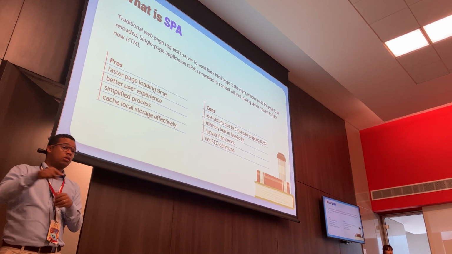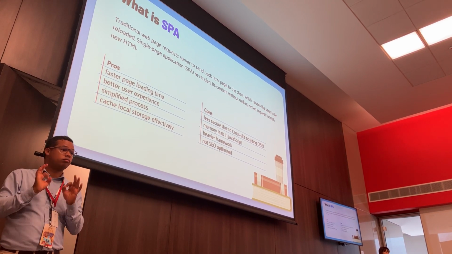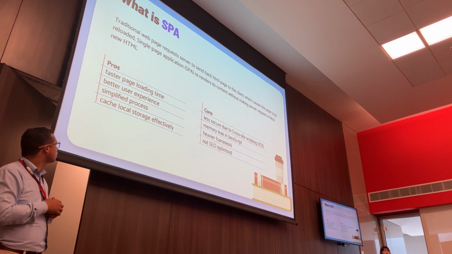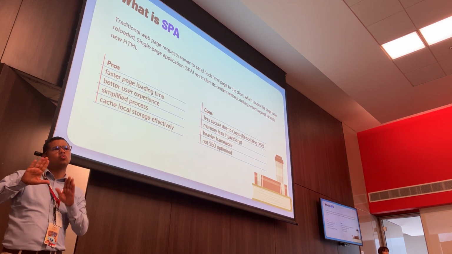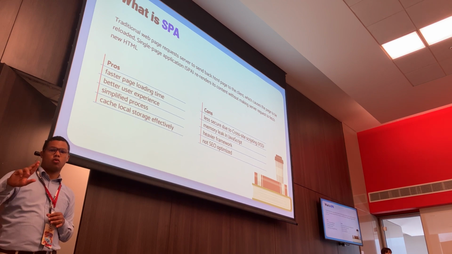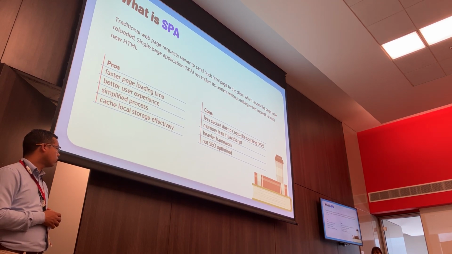But on the other side, it's actually less secure, and I'm going to talk a bit more about cross-site scripting. You might have a memory leak with JavaScript. It's heavier in terms of the framework, and it might not be so well SEO optimized. Those things you can definitely overcome.